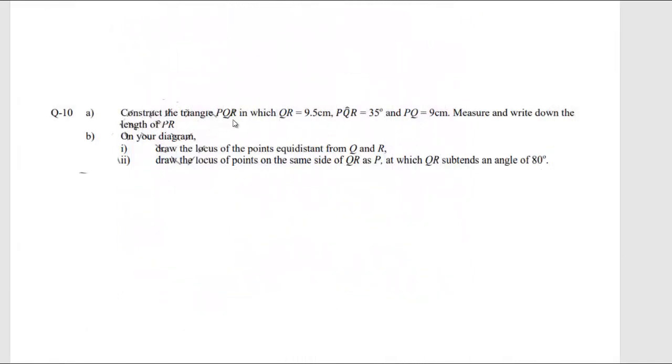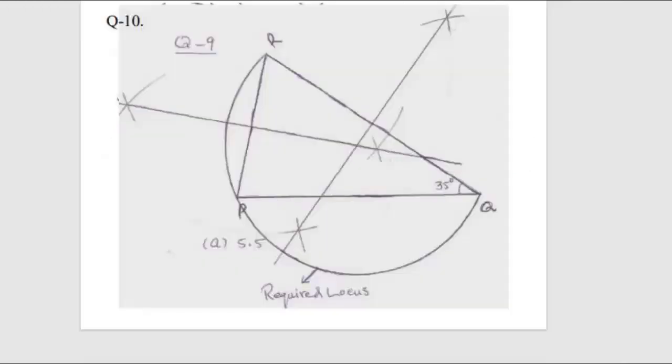Construct the triangle PQR in which QR is 9.5 centimeter, angle PQR is 35 degree and PQ side is 9 centimeter. Measure and write down the length PR. This is triangle PQR from the given data.